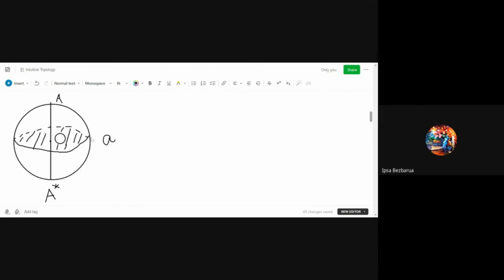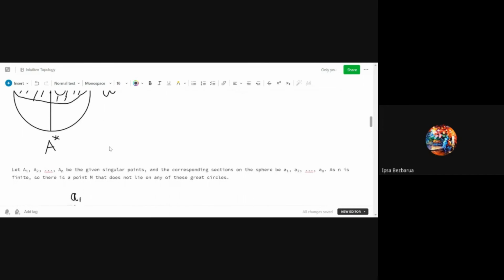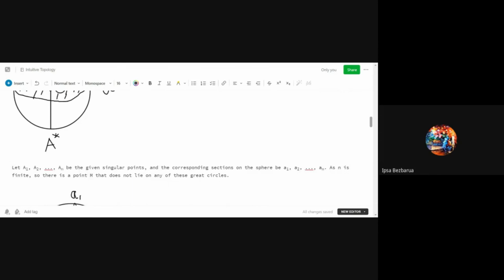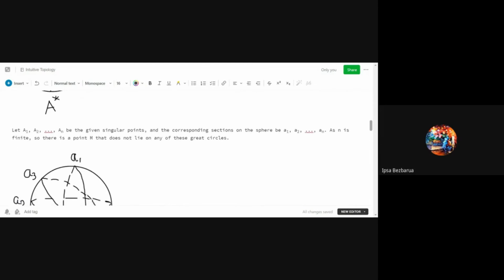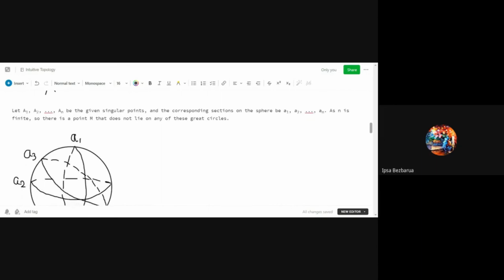So this is A. And as you can see, the boundary of A is a great circle, right? Let my singular points be A1, A2 up to AN, finite. And the corresponding sections on the sphere are small a1, small a2 up to small an.